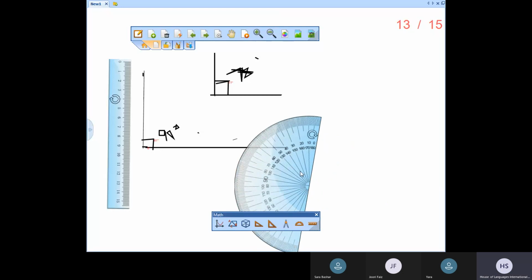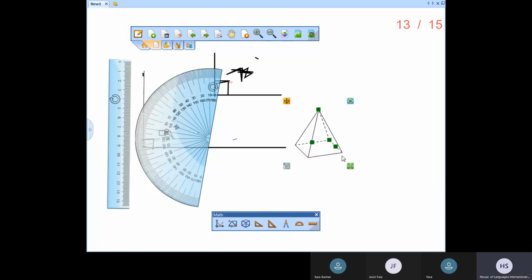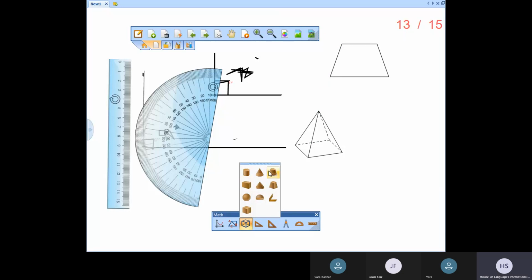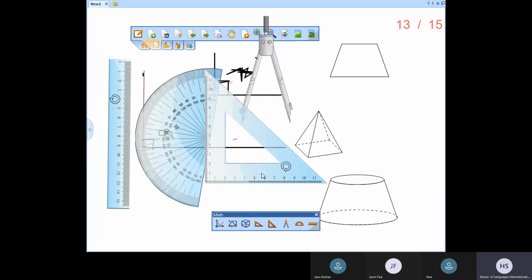So sit down now. Okay. We can draw these two shapes. This is for the two-dimensional shapes. You remember when you used them before. This is for the three-dimensional shapes. How can we draw this one as an example? This one, the compass. This one, we use for measuring and drawing right angles.